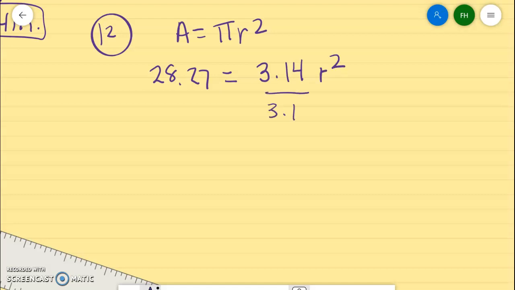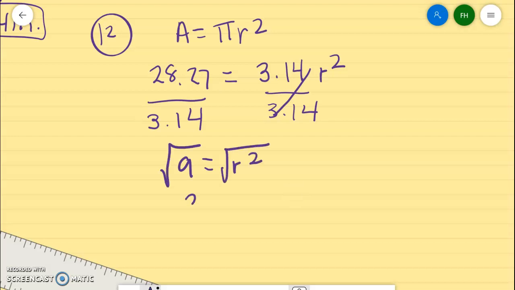We're going to divide by 3.14 on both sides. And 28.27 divided by 3.14 is about 9. So take the square root, and r is 3. Let's think about that. We need to find the diameter.